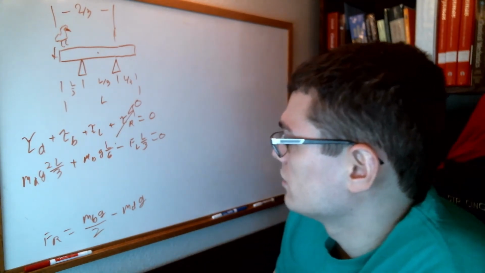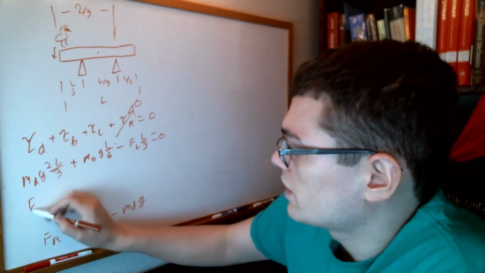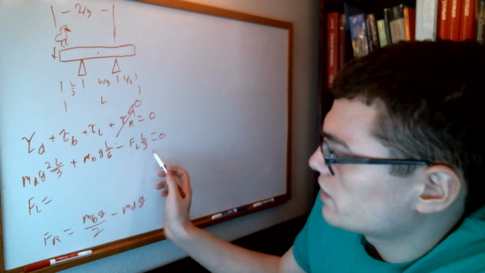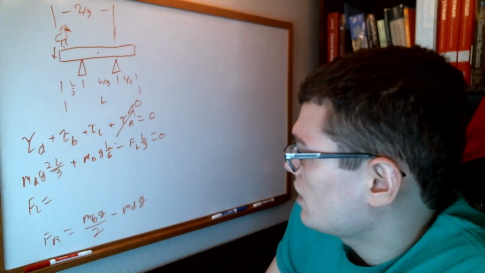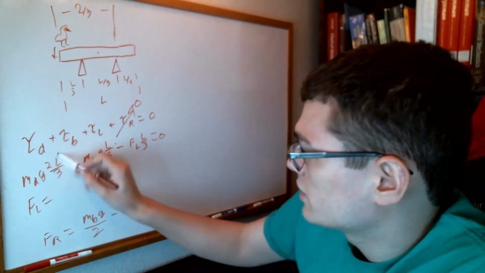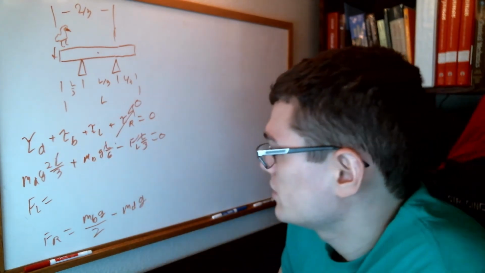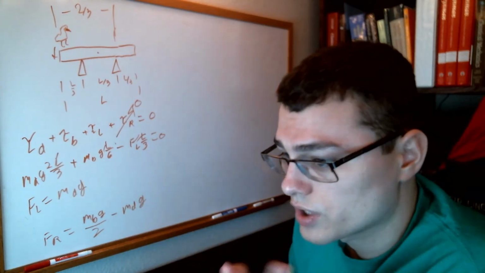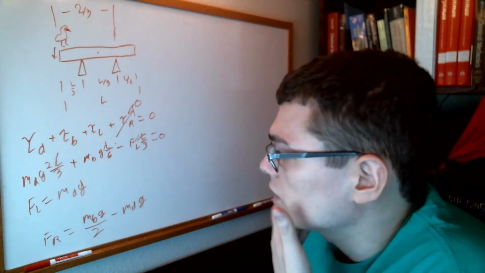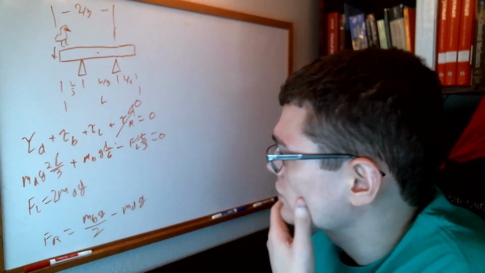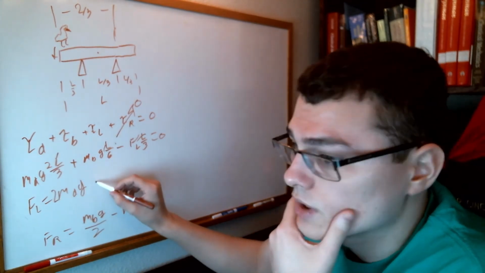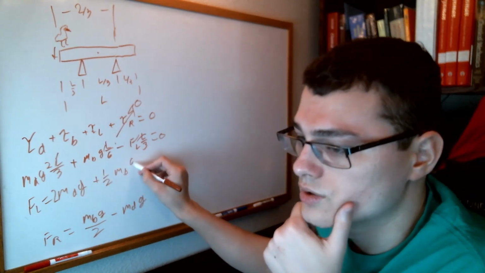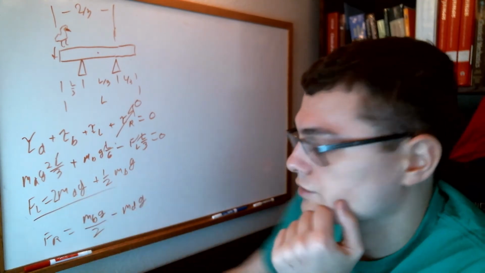Okay, so now we can say that FL is going to be equal to, we can multiply both sides by 3 and divide by L, so we can get rid of all the L's real quick. That's gone. So then we can say that this is MD G, just straight up. No, we have to add a 2 because there's a 2 there still. And then this one is going to be plus 1/2 MB G. And this will be your answer for FL.